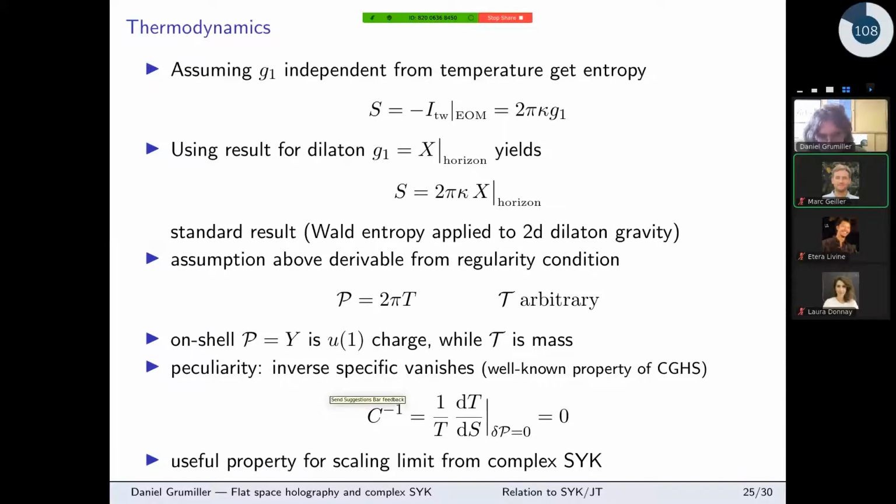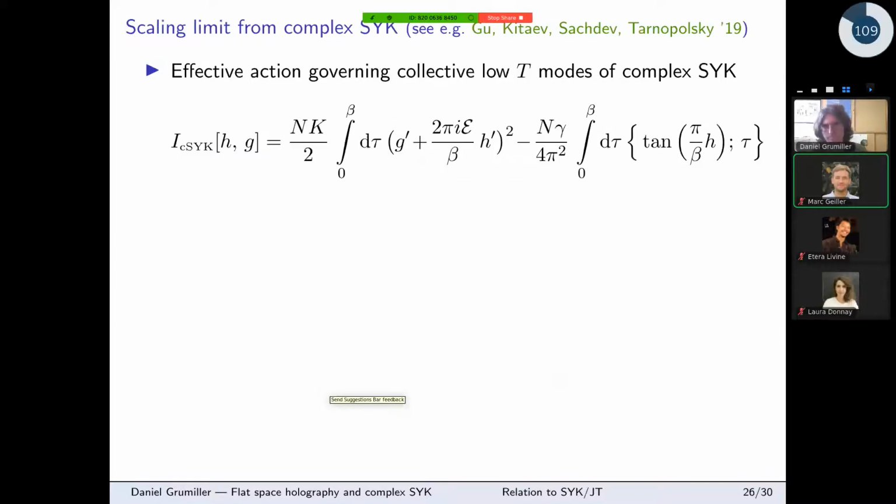So that means that we have actually a useful thermodynamical property that we can try to exploit for obtaining our model as a scaling limit from complex SYK. We need to make sure that the specific heat tends to infinity. Okay, so let's do this.